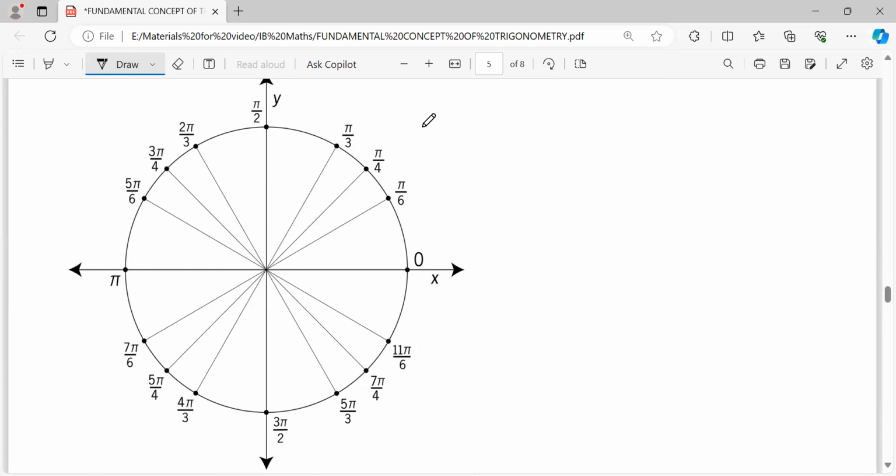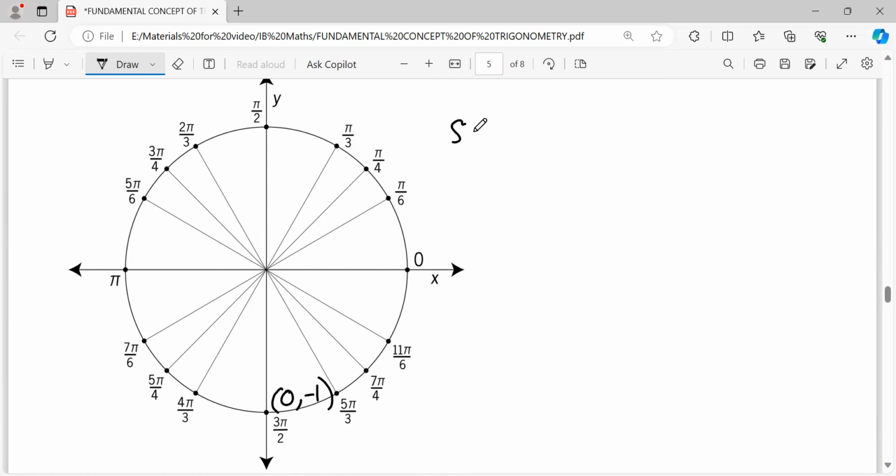Now 3 pi over 2 or 270. The coordinate point here is 0, negative 1. So it means the sine values are the y values and the cosine values are the x values.